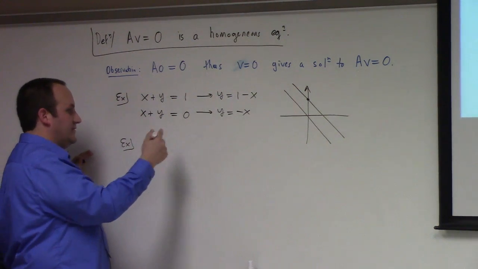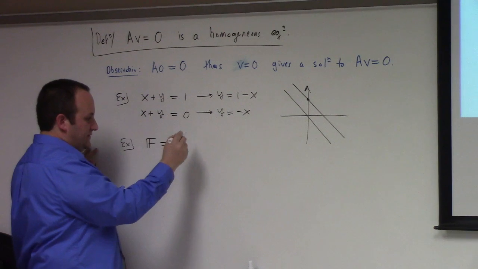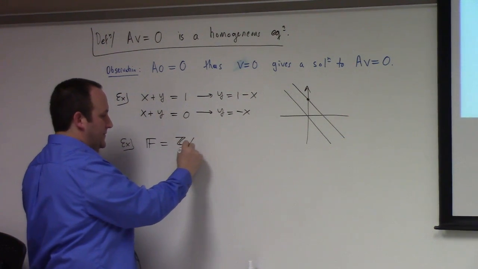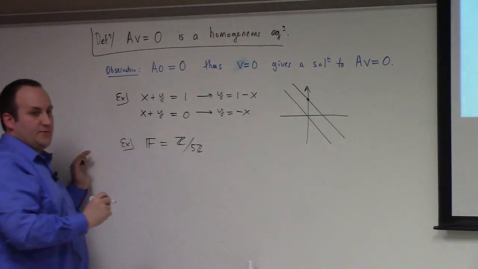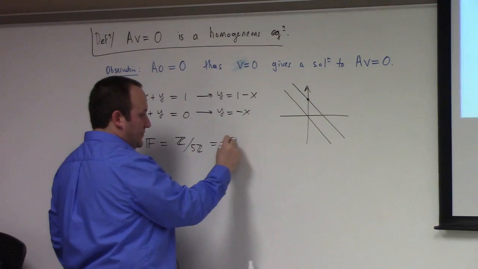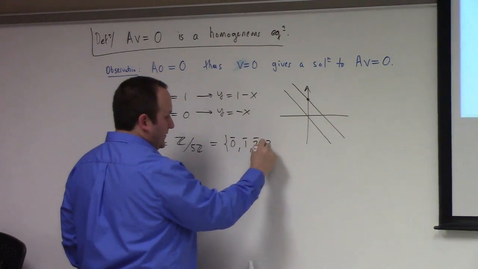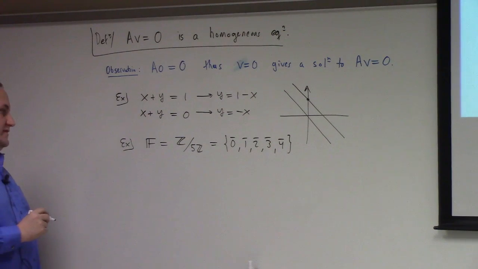But here's another example. Let's take the field F equal to Z mod 5Z. 5 is prime, so this is a field. So what's in here? You've got 0 bar, 1 bar, 2 bar, 3 bar, and 4 bar in our current notation, right? And let's see here.